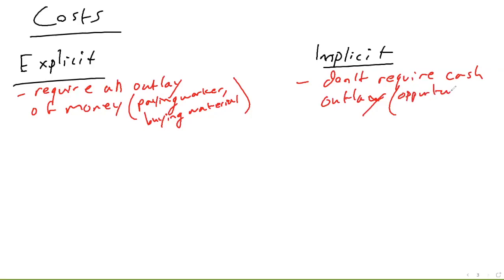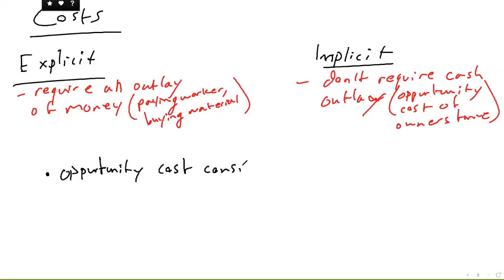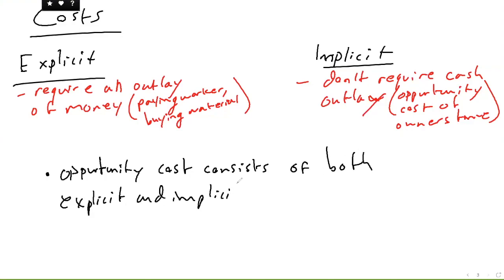Things like the opportunity cost of the owner's time. And I'll be clear here, explicit and implicit costs are both opportunity costs. Just because one requires a transfer of money and one doesn't makes no difference. They're both opportunity costs. So I'll write this down to reiterate, but opportunity costs consist of both the explicit and implicit costs.